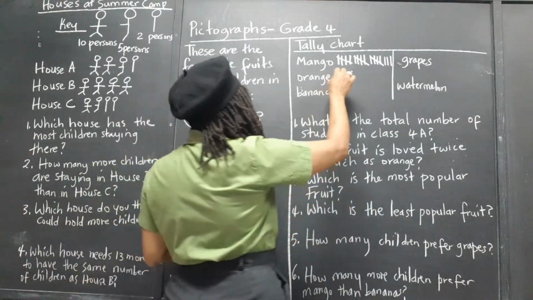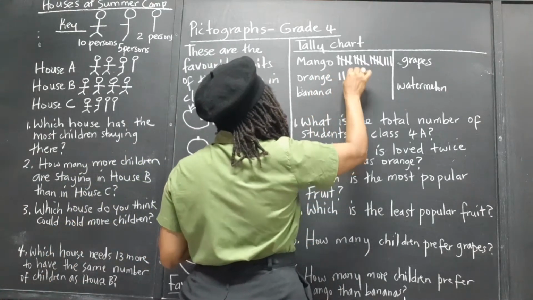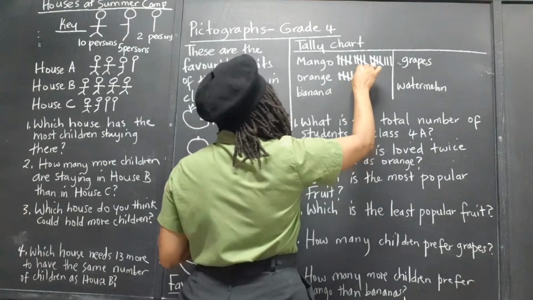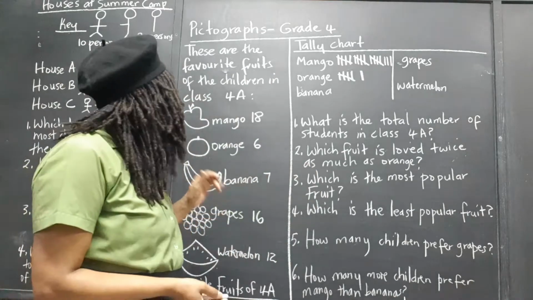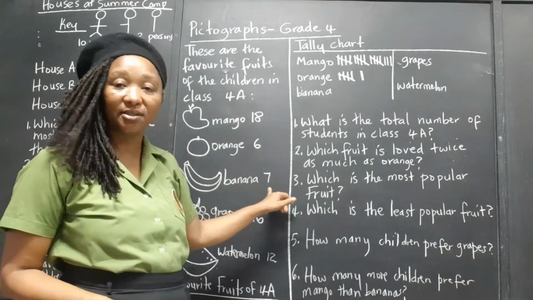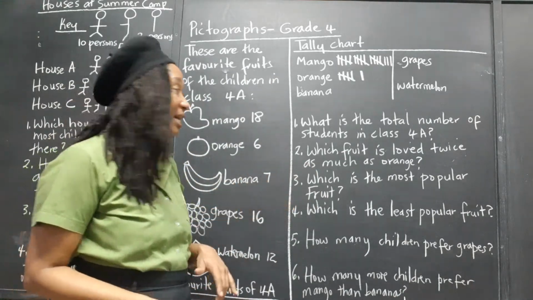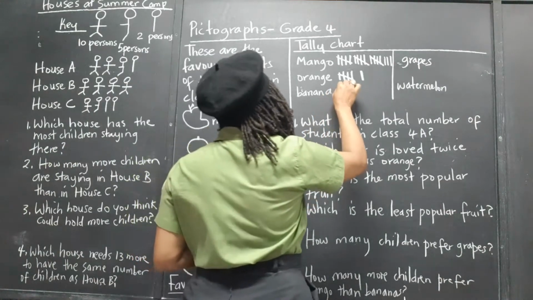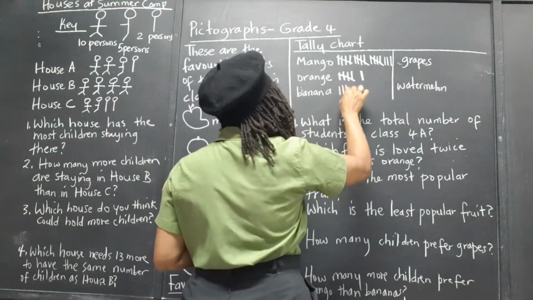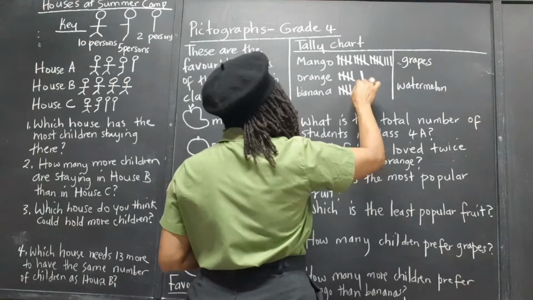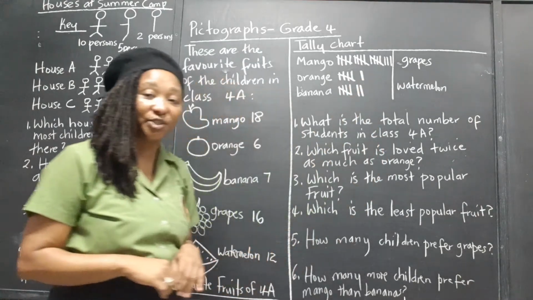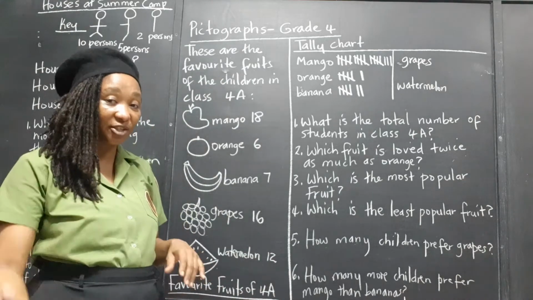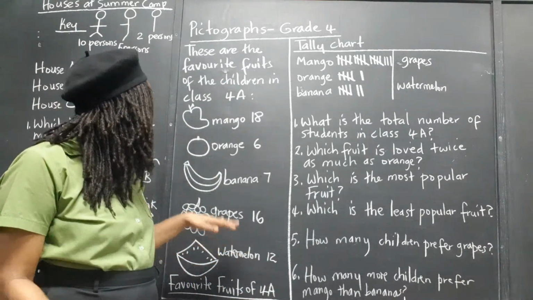So on the tally chart, 1, 2, 3, 4, 5, and one more, that's 6. Banana, 7 students prefer banana over the other fruits. So 1, 2, 3, 4, 5, 6, 7. Are you getting the drift of this? Getting the hang of it?